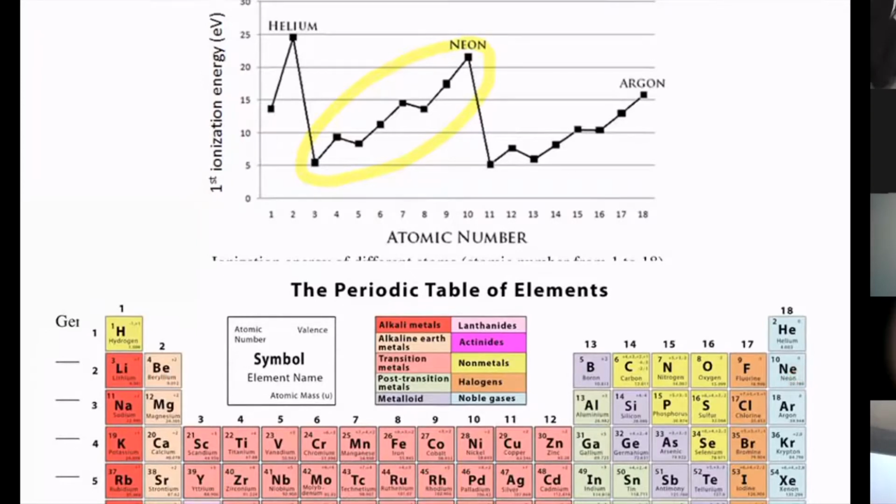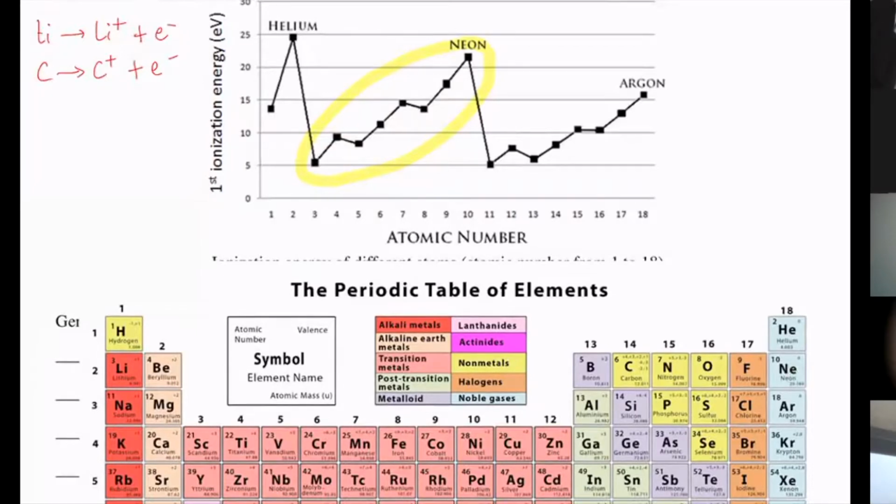So for example, lithium is going to be turned into lithium plus, and for carbon, we're going to get C plus. This time we are removing an electron from a neutral atom, so we can use this to compare the energy change and why it is causing this increase in energy.